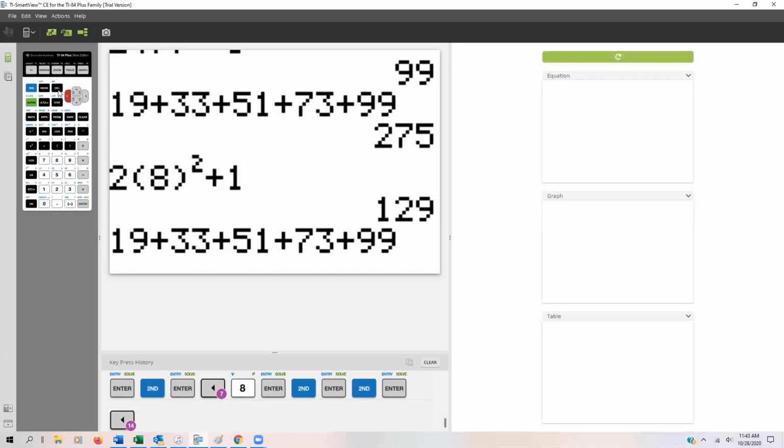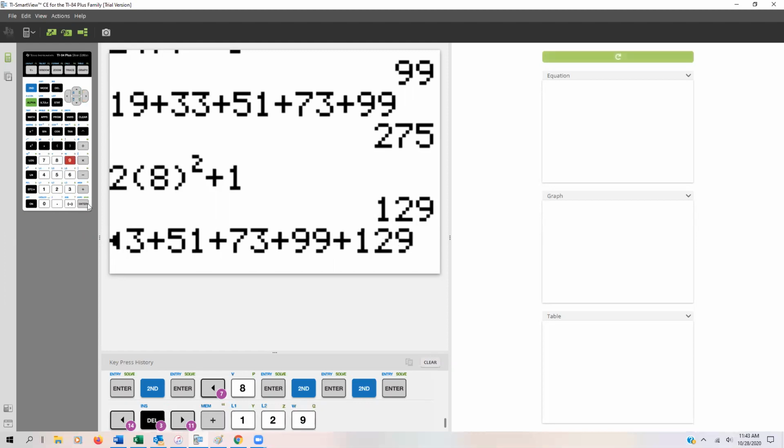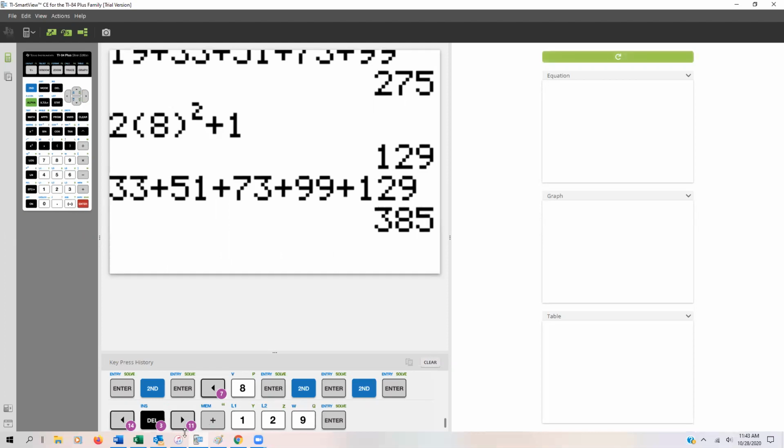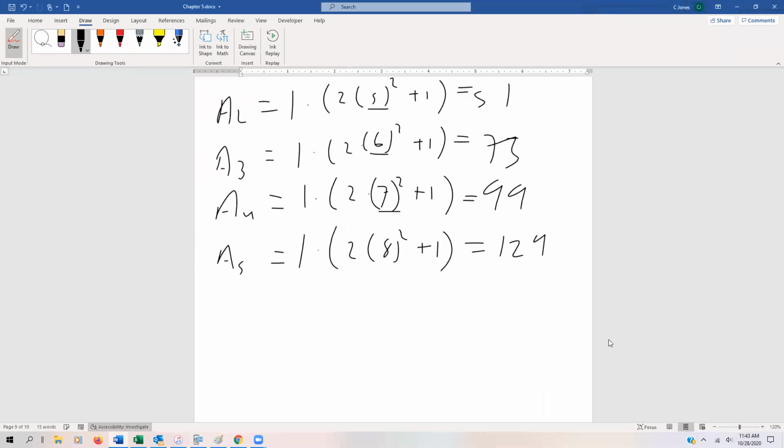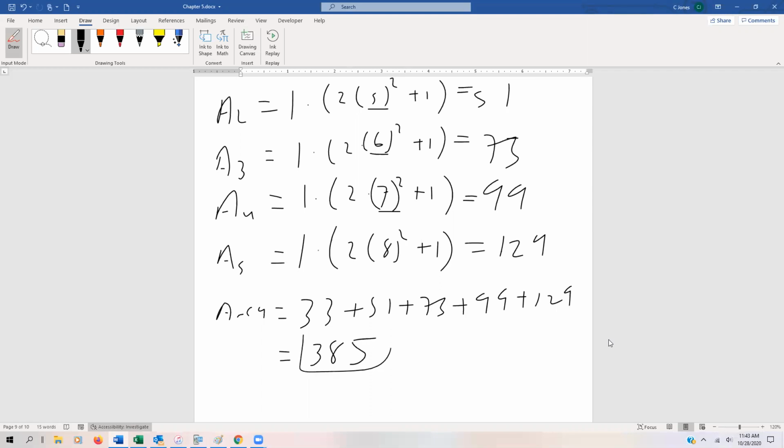Let's delete that and replace it at the end with 129, and we end up with 385. For the right endpoint, the area is 33 plus 51 plus 73 plus 99 plus 129, which is 385 square units, whatever those might be.